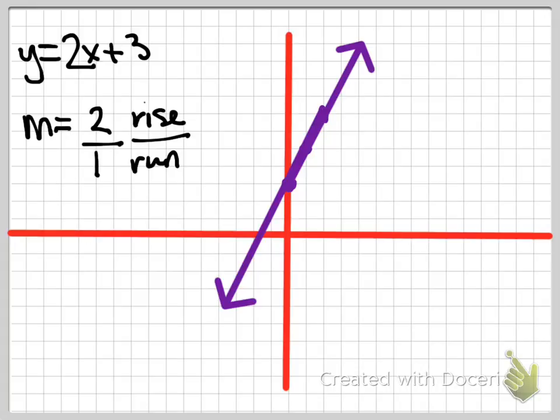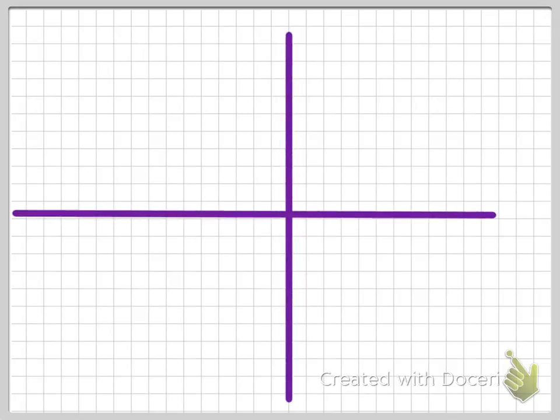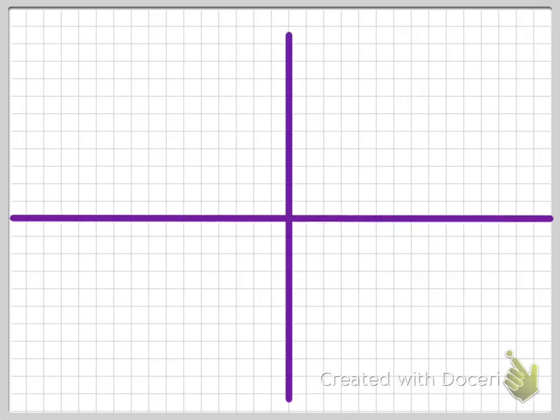So while we're talking about y-intercept, let's look at a different kind of line. One, for instance, that looks like this orange line.